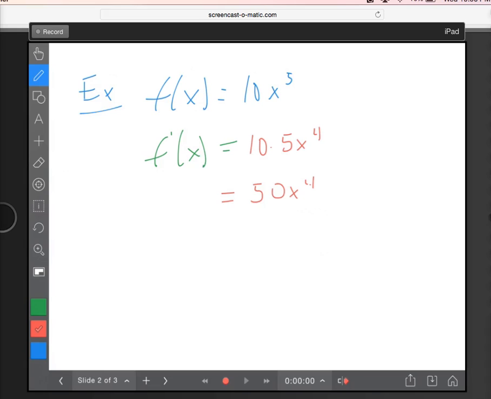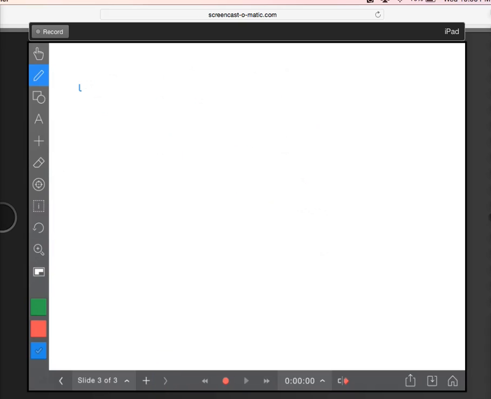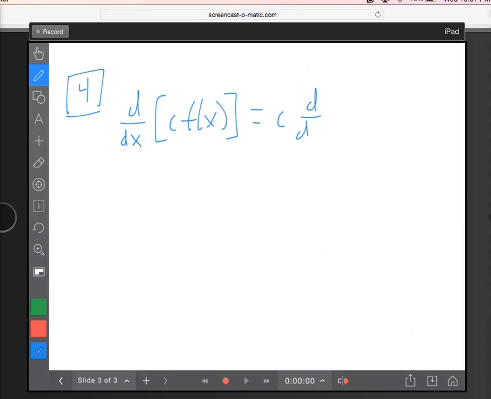So this actually brings us to another particular rule of derivatives that you'll need to know. And so this would be rule number 4. And that's going to be that if we take the derivative of any constant times a function f of x, well, based upon what we just did, I claim that this is going to equal the constant times the derivative of our particular function.